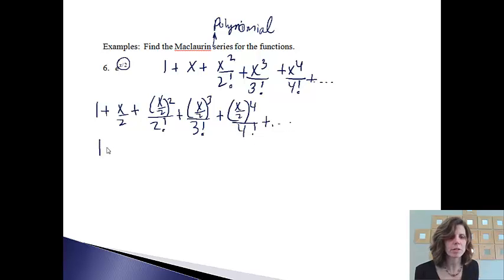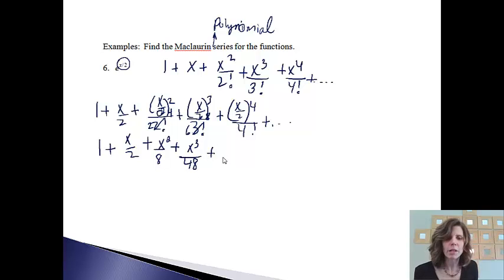Now we're just going to simplify this a little bit. 1 plus x over 2 plus, x over 2 squared is x squared over 4, and since we've got 2 factorial on the bottom, that's going to make 8 on the bottom. Then 2 cubed is 8, so this is x cubed over, and 3 factorial is 6, so 8 times 6 is 48, plus dot dot dot. We could keep going. That gives us the basic polynomial.